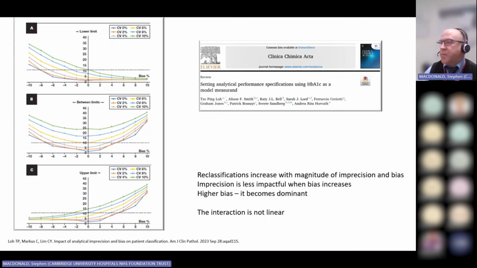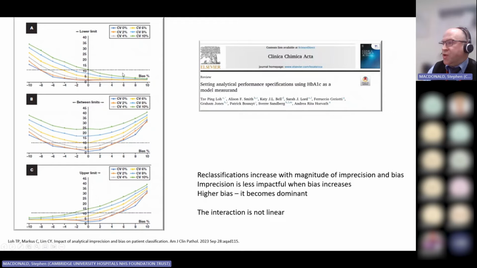We can see that quite nicely in the recent publication, where the different colored lines in the top graph represent the misclassification rates as we increase the random error. So lower random error obviously has the lowest misclassification rate, even in the presence of a low bias at the lower limit of classification, so the lower limit of the reference range.